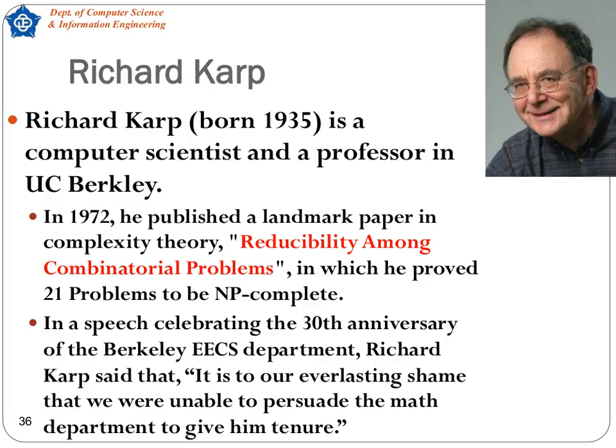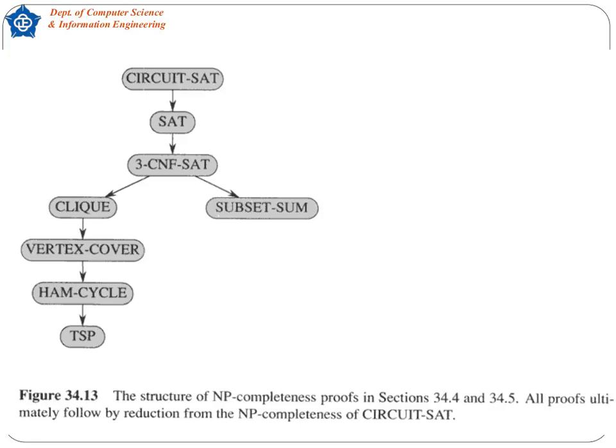Building on Karp's groundbreaking work defining NP-completeness, we start with circuit SAT, the original NP-complete problem. From there, we reduce to the classic Boolean formula problem SAT, then narrow it down to its restricted form, 3CNF-SAT. At that point, the reductions split into two main branches.